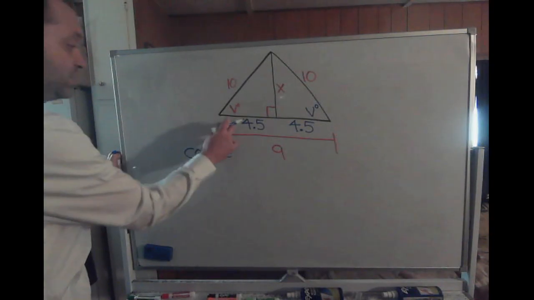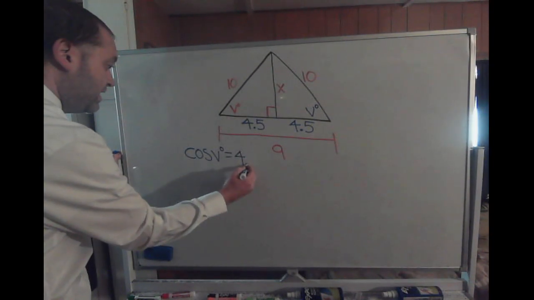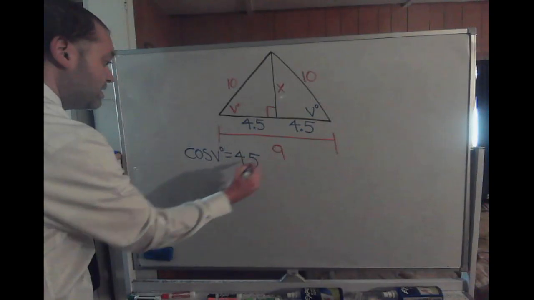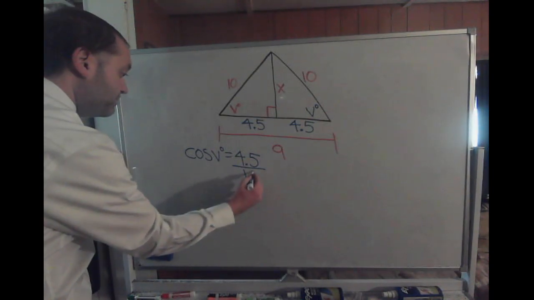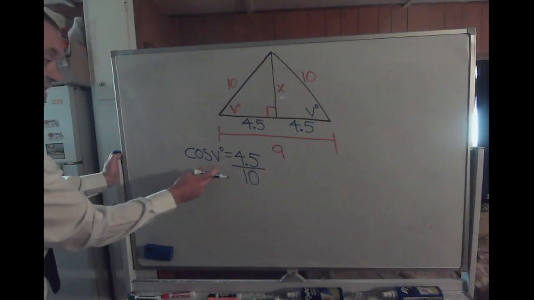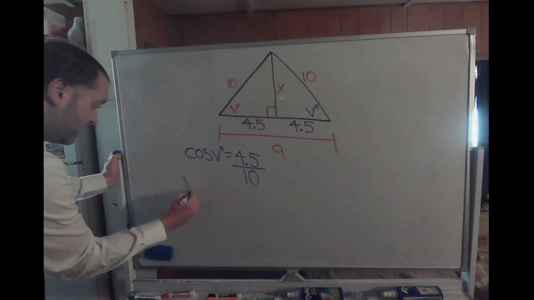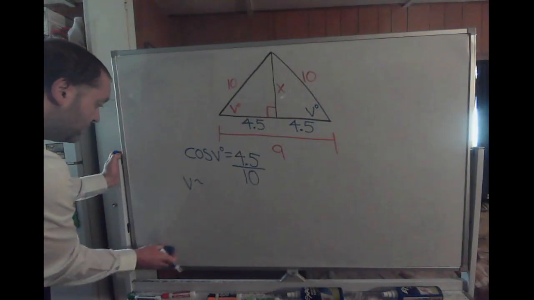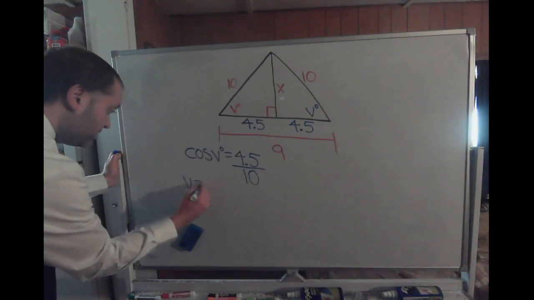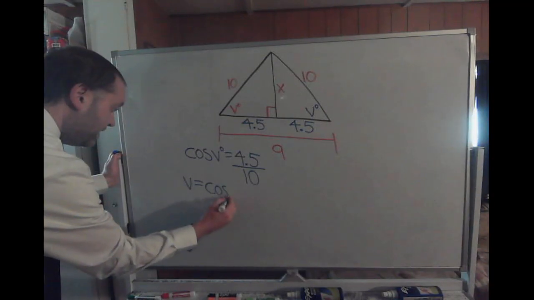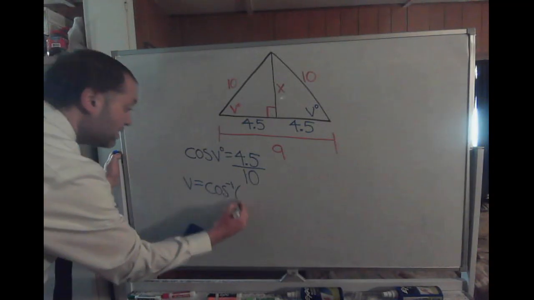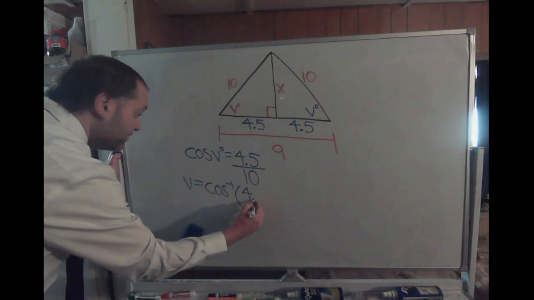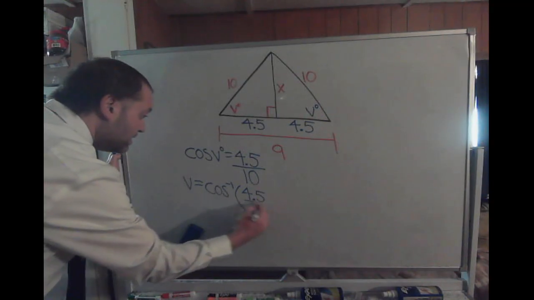That'll be equal to the adjacent leg of 4.5 over 10, which then if you take the inverse cosine of both sides, you'll have V is equal to the cosine inverse of 4.5 divided by 10.